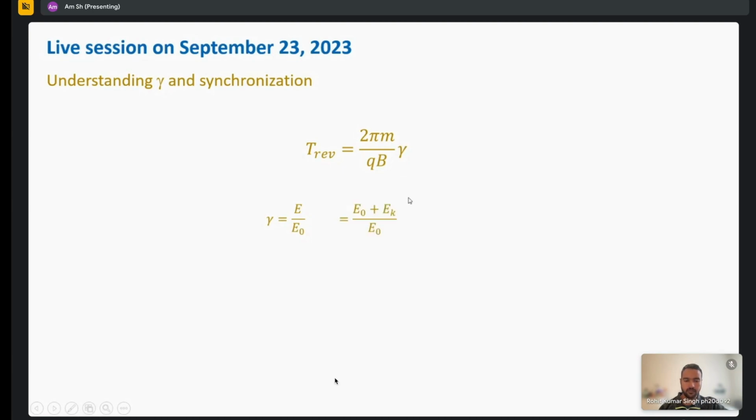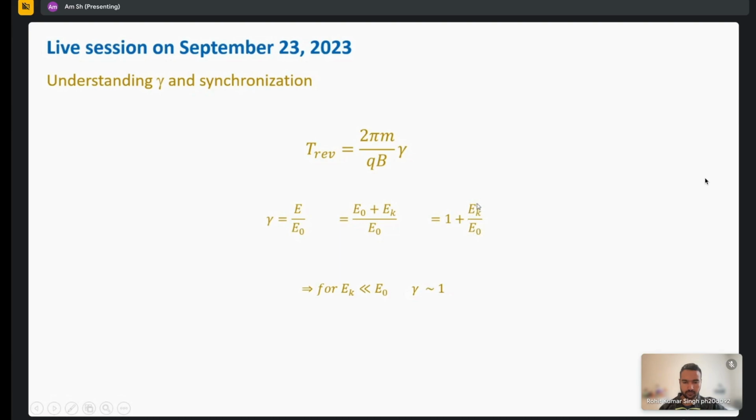Now this E can be written as rest energy plus kinetic energy, because this is the total energy. So gamma will be (E0 plus Ek) by E0, which we can write as 1 plus Ek by E0. So if kinetic energy is much less than rest energy, then gamma is approximately 1.